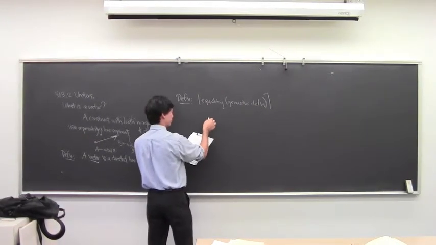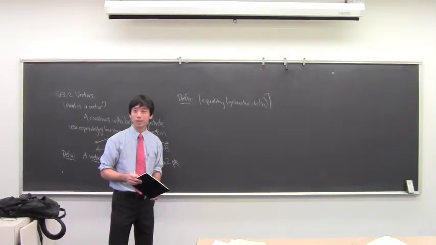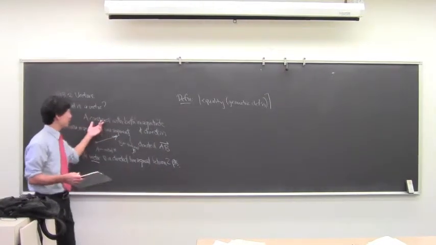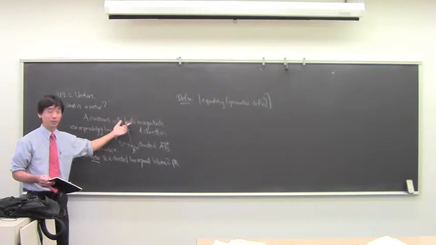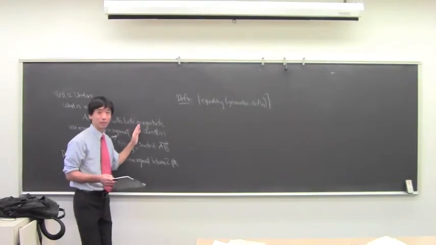When are two vectors equal to each other? Peter? When the magnitude and direction are the same. Yeah, a vector is magnitude and direction. If their magnitude is the same and the direction is the same, then they're equal to each other.